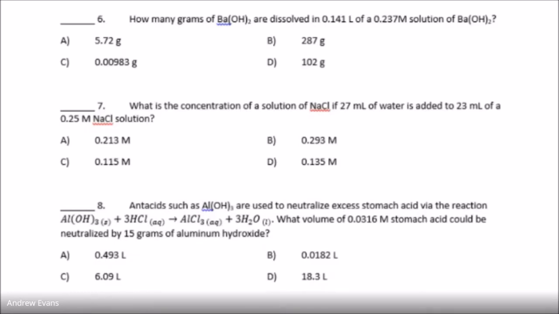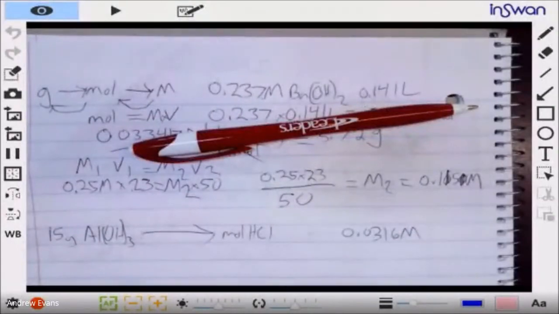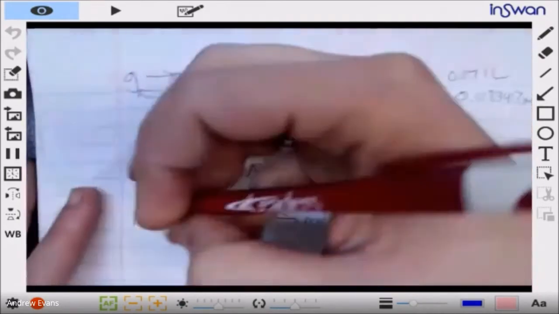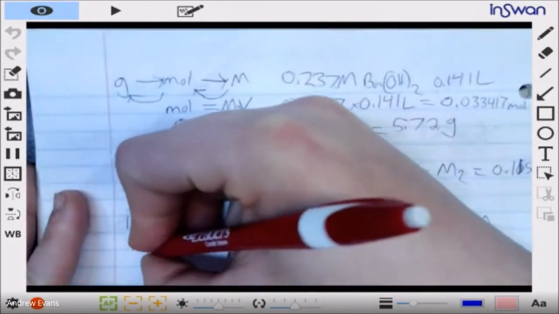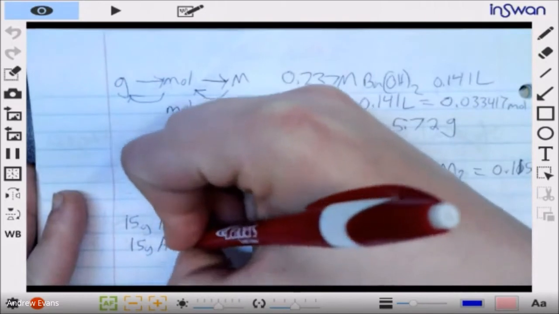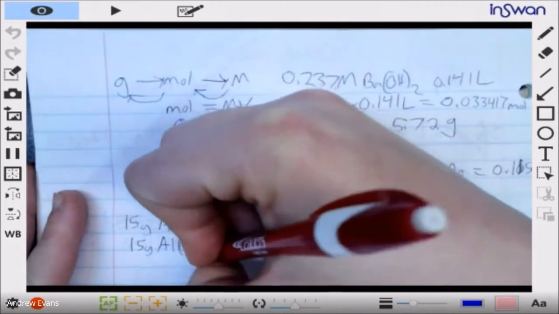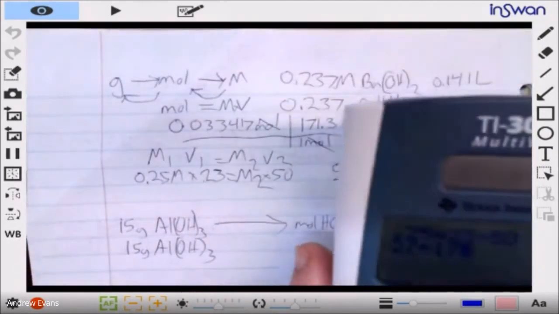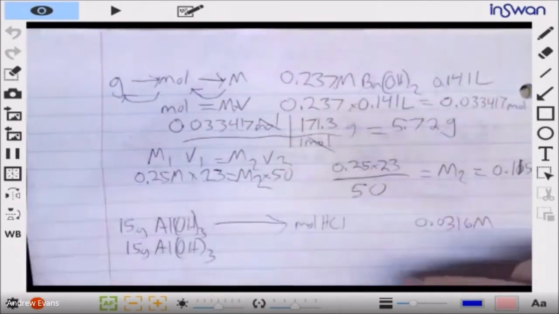So this one, not all of them are super easy. Some of them are meant to be challenges. 15 grams of Al(OH)3. I do believe aluminum's 27, but I will double check. Aluminum, close enough to 27. And once again, hydroxide is 17. There's 3 hydroxides, so 78.